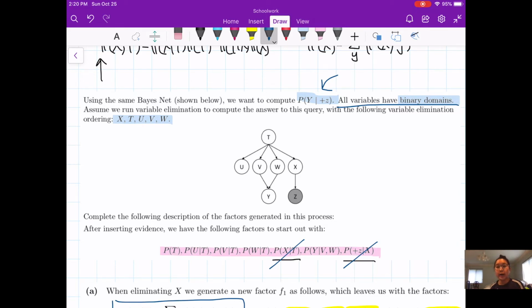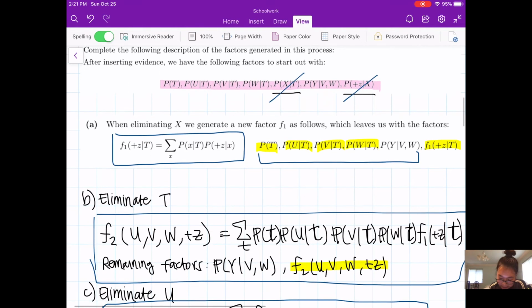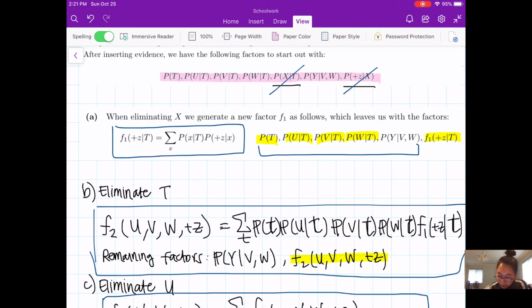So when we are trying to find the biggest or largest factor size, we are essentially trying to find the factor with the most number of variables. And so, based on that, let's look through our factors. F1 just has one variable because positive z is observed and given to be positive.